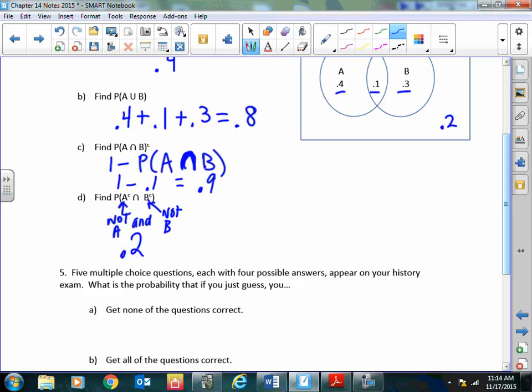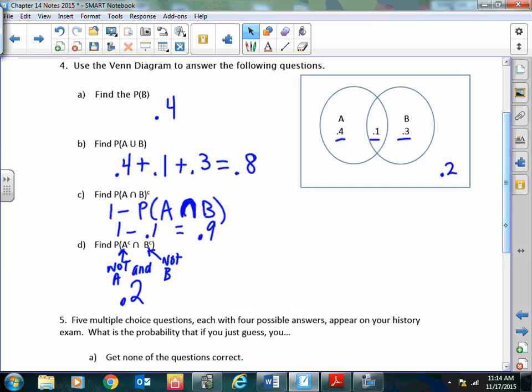Outside of the circles. So therefore, how much is that part? The 0.2. Now I want to show you, I'm going to shade that and kind of quote unquote prove it to you.